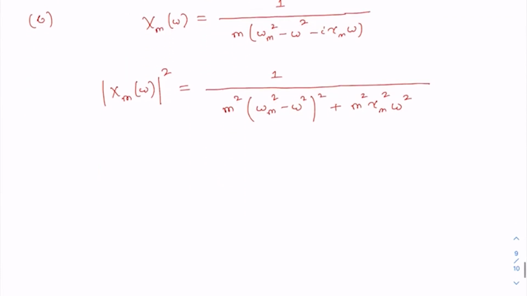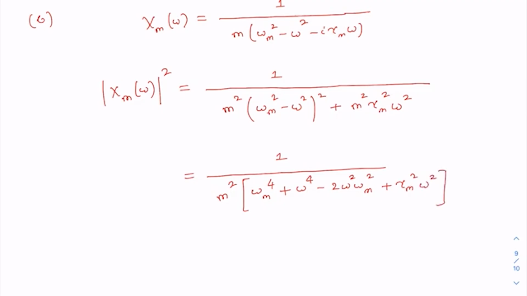Let me open it up. If I open it up, then I can have 1 divided by, let me take m square common, then I have omega m to the power 4 plus omega to the power 4 minus twice omega square omega m square plus gamma m square omega square.